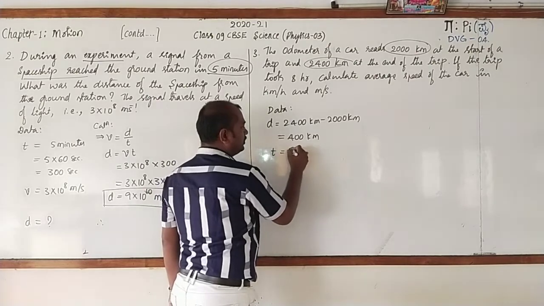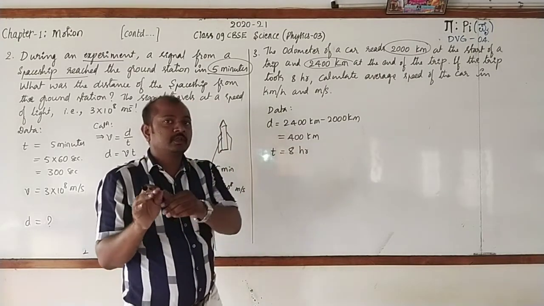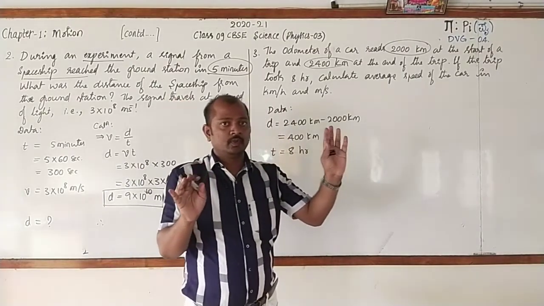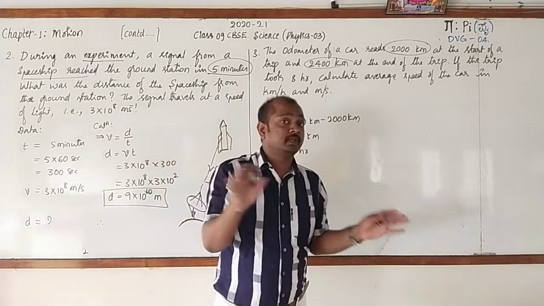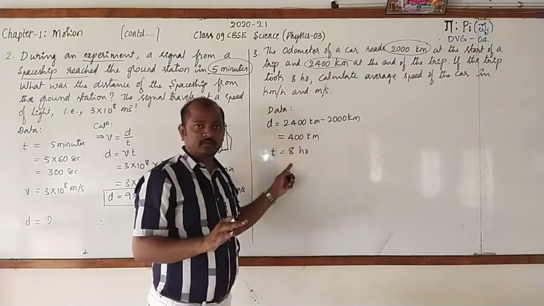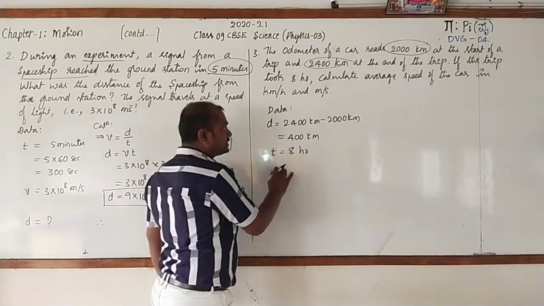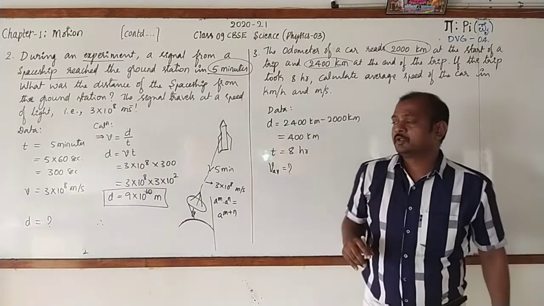T is equal to 8 hours. This is the only time in which the vehicle has moved, and you will use a lot of time for other entertainment activities. Those times are not included. Clear?